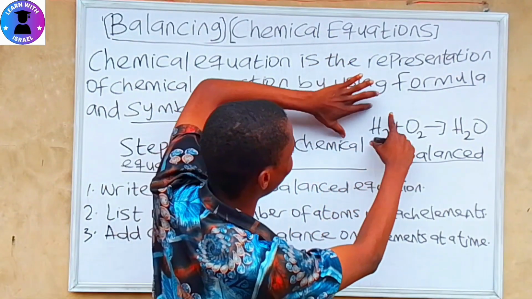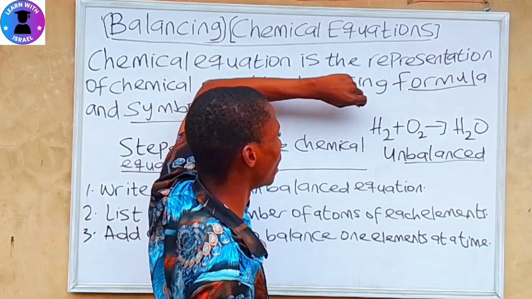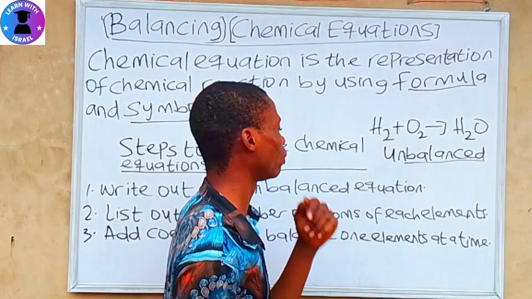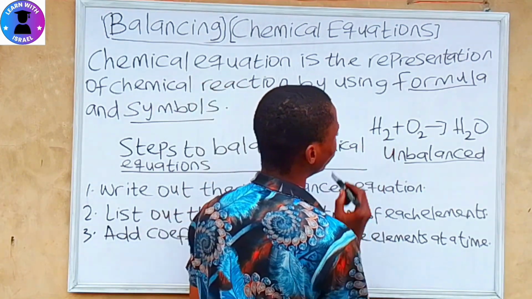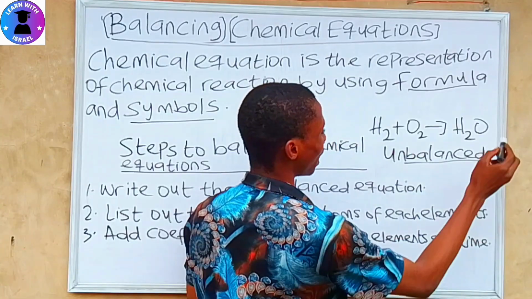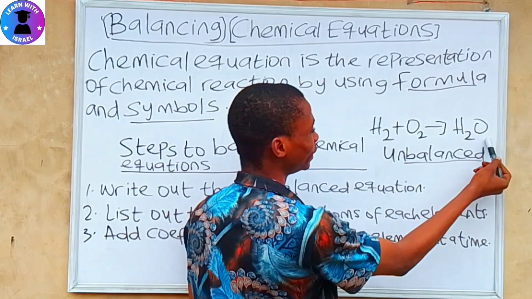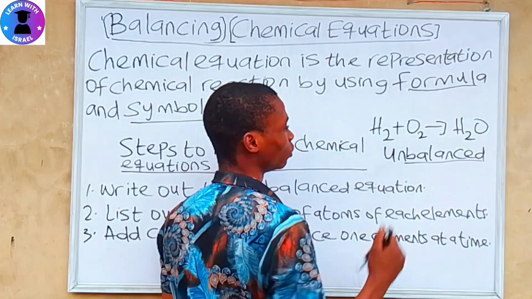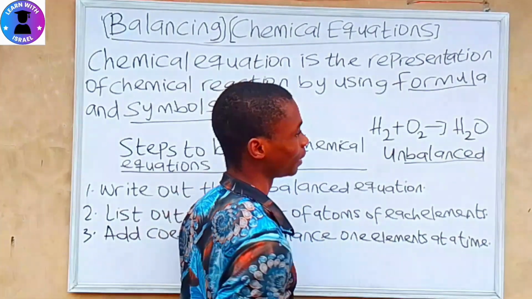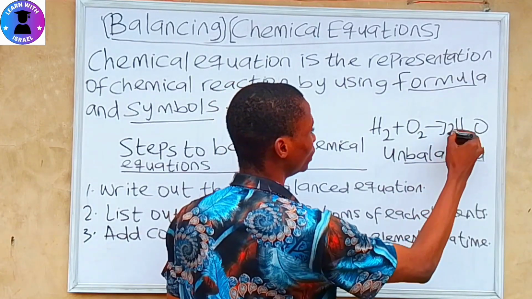Look at this unbalanced equation here. Let me show you how to add coefficients to balance one element at a time. We have 2 hydrogen and 2 oxygen here, and 2 hydrogen and 1 oxygen here. So we need 2 oxygen on the right in order for the equation to be balanced. Let me add 2 here.